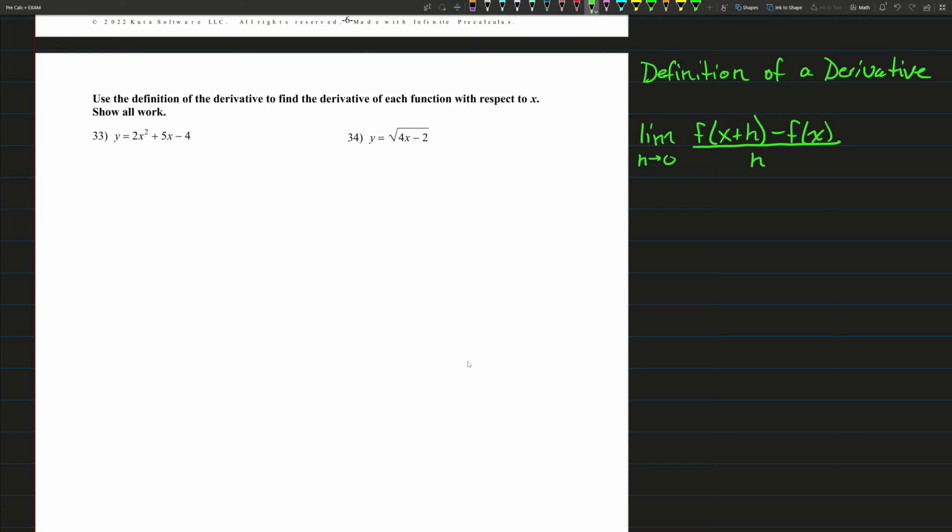But this is really, really important. That's going to be really important next year too. So just knowing this and being able to apply it in 33 and 34, or at least trying to apply it in 33 and 34, that's worth credit. Before I start, each of these are worth 5 points.